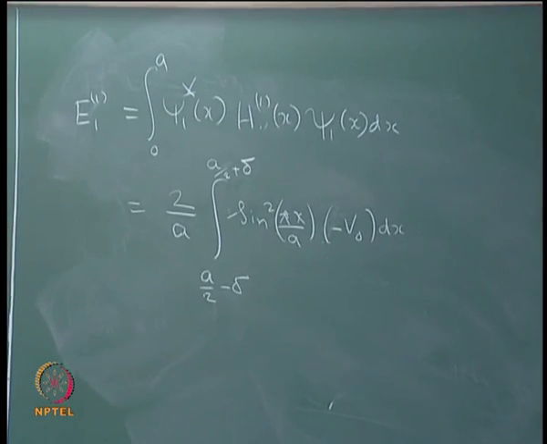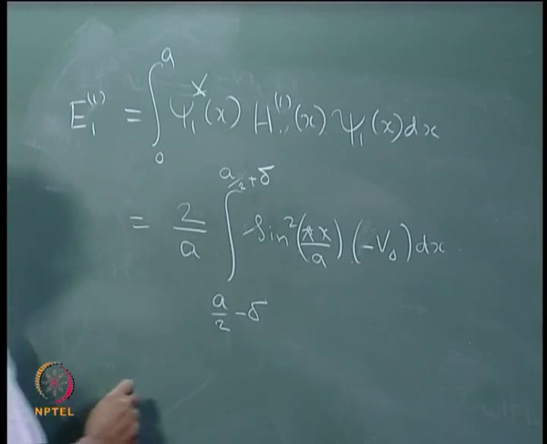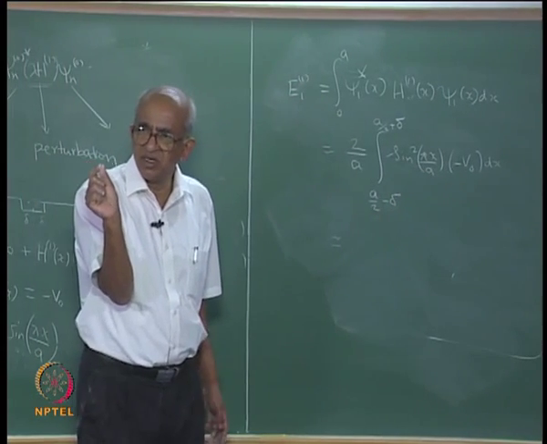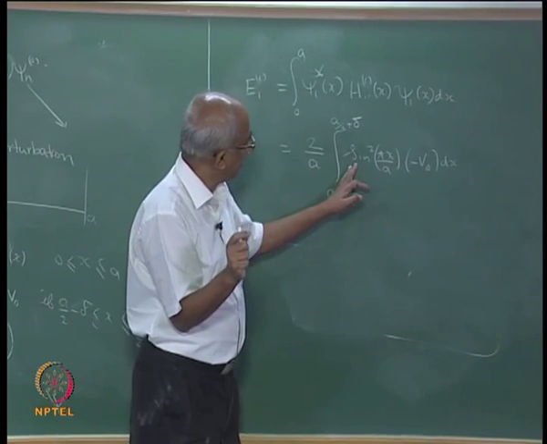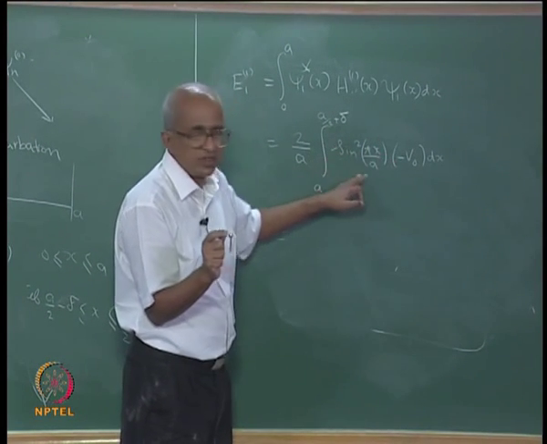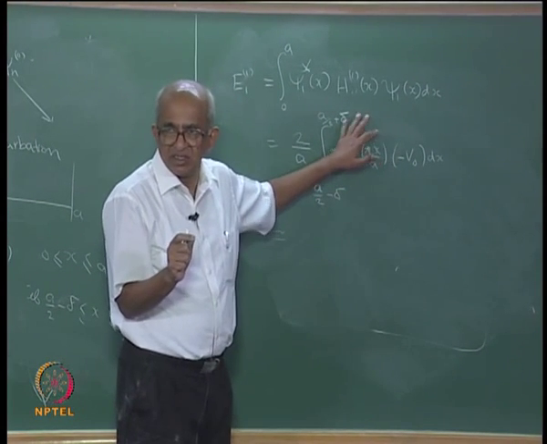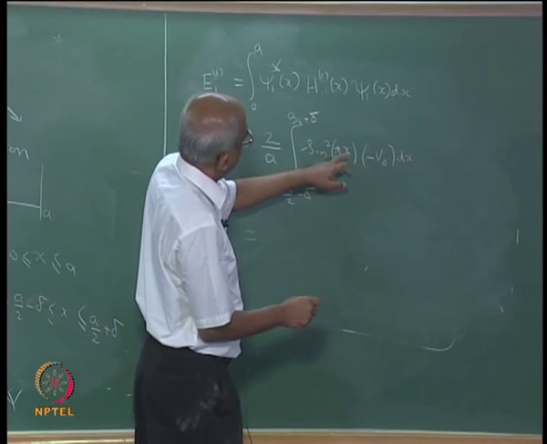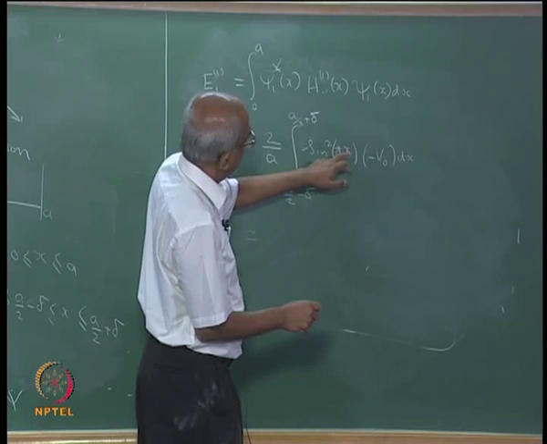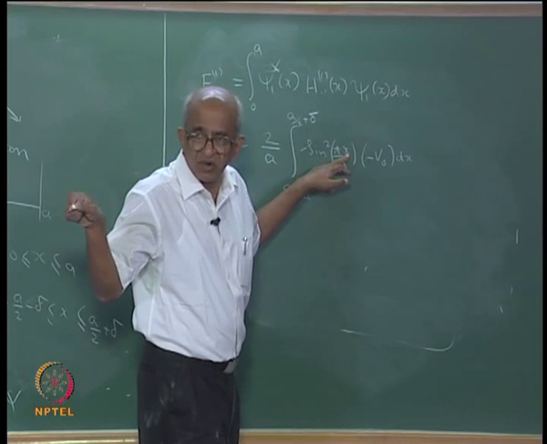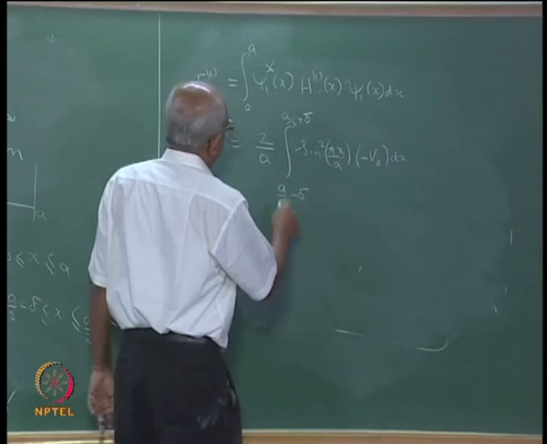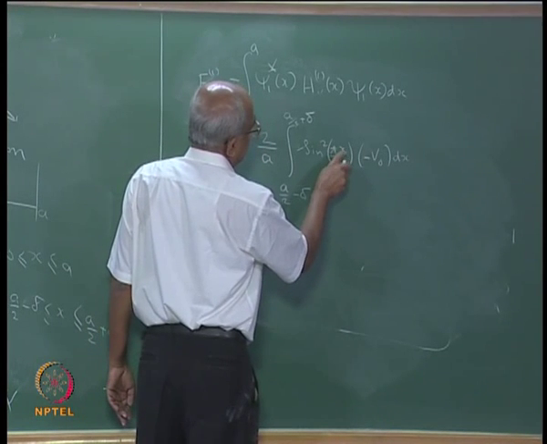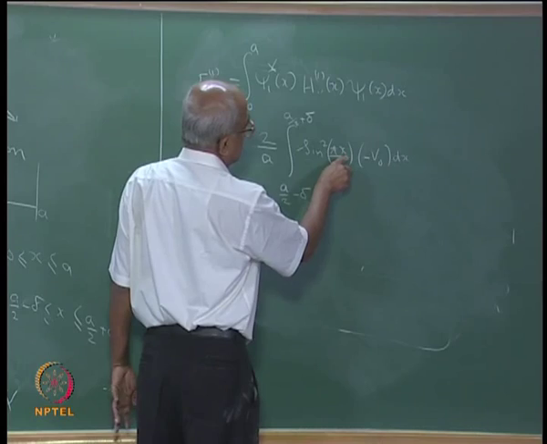If you wanted to know how much this is approximately, then you can say this interval delta is very small. If it is very small, then this function is not going to change much over that small interval, and therefore I can replace the value of this by the value right at the middle of the box. I will have 2 by A. In the middle of the box, x is equal to A by 2.